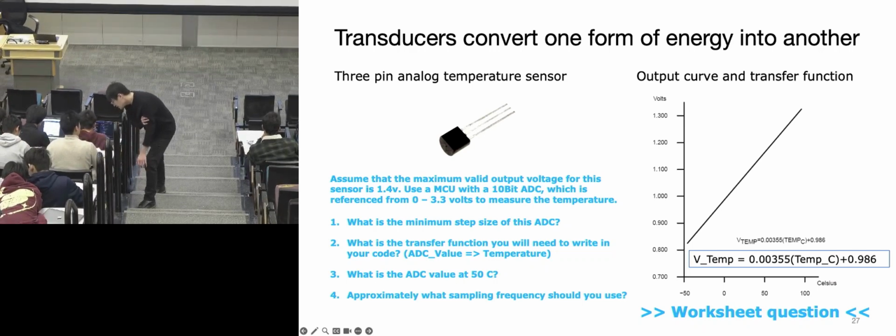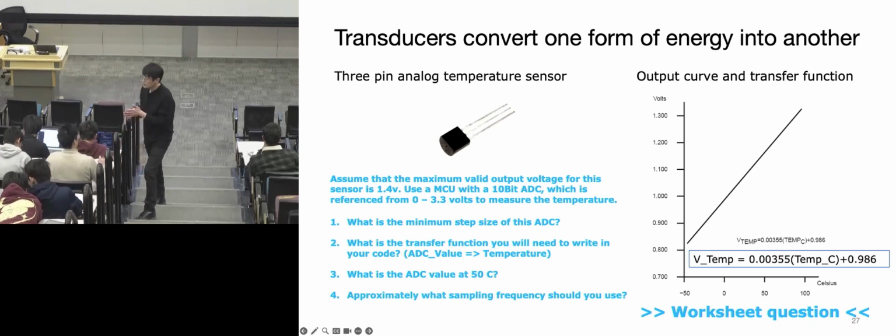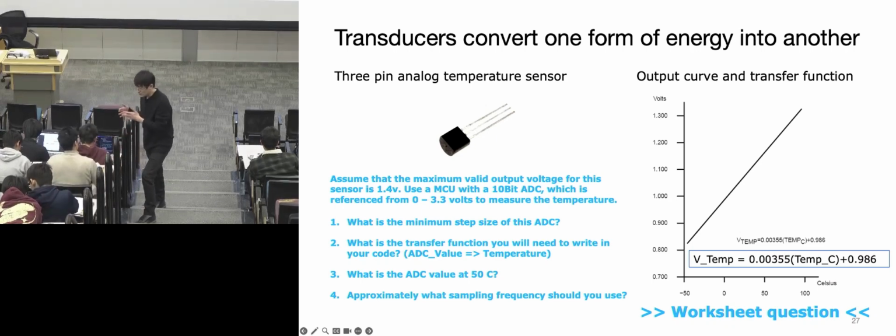I think that's 1.4. It's gotta be more than 2 times the, whatever it's called. It's gotta be greater than or equal to what you calculate.